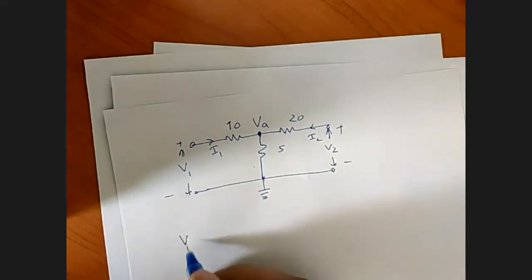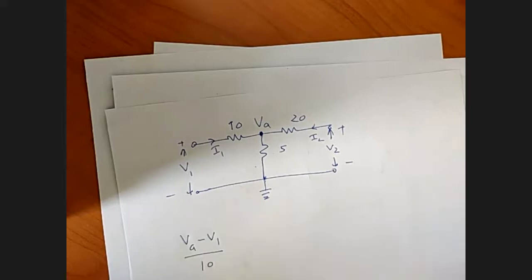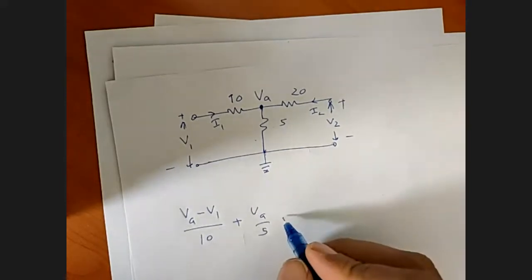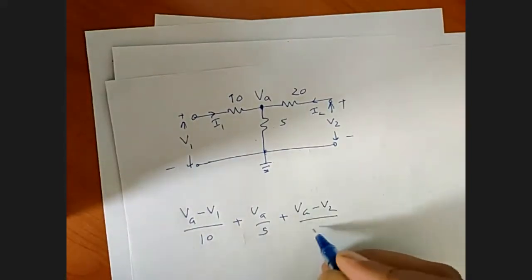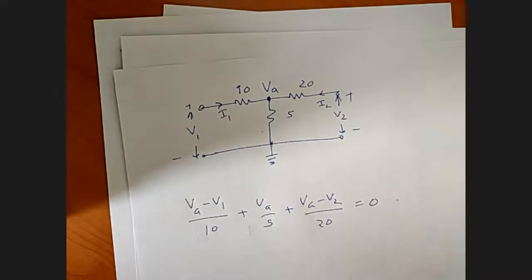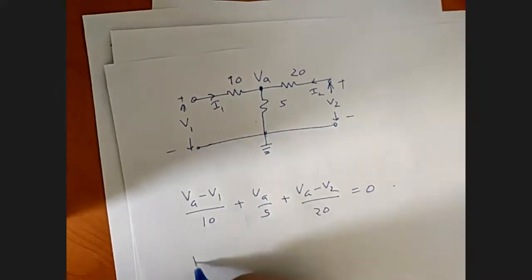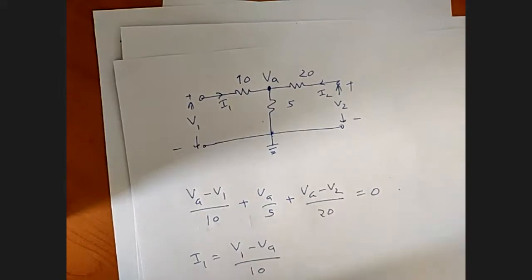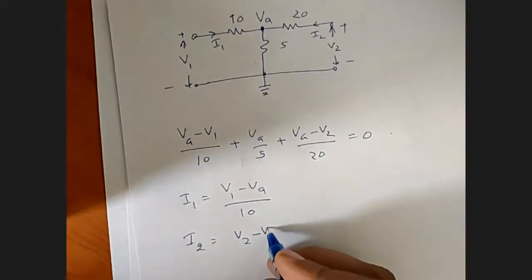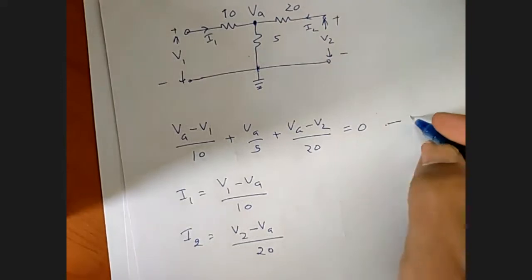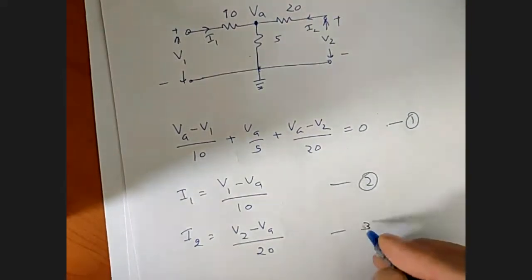So it will be VA minus V1 by 10 plus VA by 5 plus VA minus V2 by 20 equal to 0. Then I1 equal to V1 minus VA by 10 and I2 equal to V2 minus VA by 20. This will be my first equation, this will be second, and this will be third.